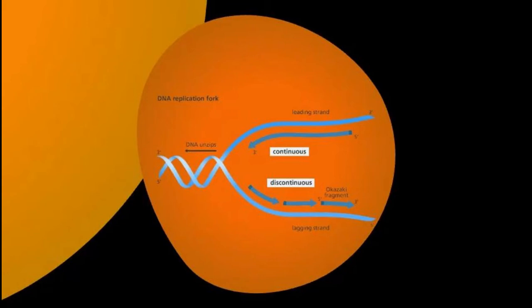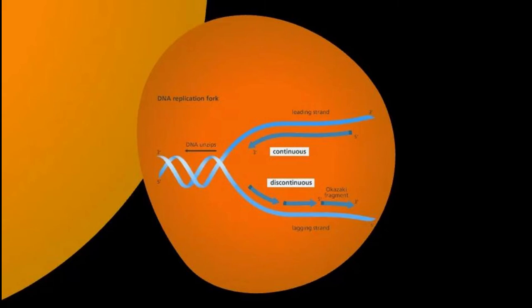And DNA polymerase, which remember is the enzyme that comes in and forms a sugar phosphate backbone on the new DNA strand being made, DNA polymerase can only work in the 5 to 3 direction. This means that DNA polymerase is only able to add nucleotides from the 3 end of the new strand.